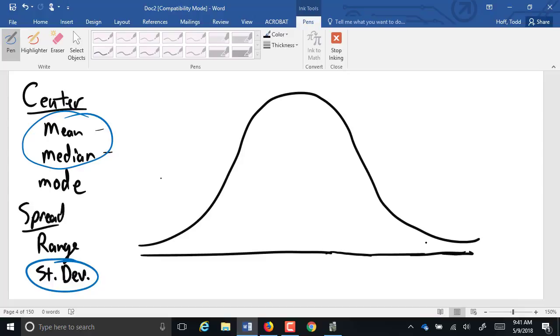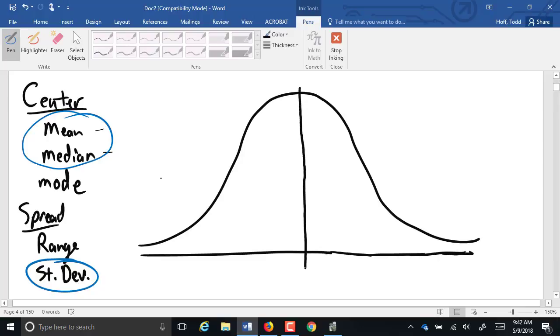First of all, the center of that curve, like we said last class, could be either the mean, the median, or the mode. We tend to use the mean or the median. We're going to just use the mean, because that's generally slightly more available than the median in most cases. And then we're going to use the standard deviation to describe the spread of that.